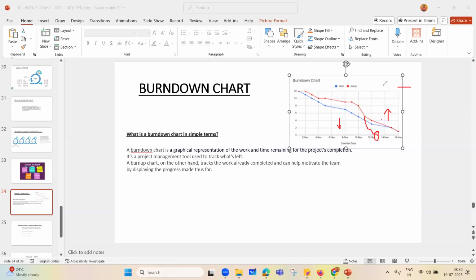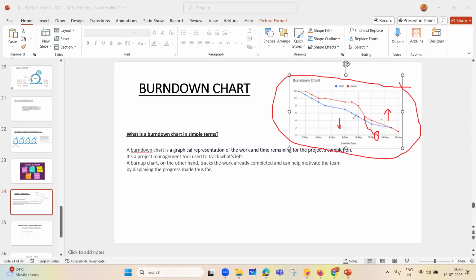So this is how, just looking at the burn down chart, you may answer the interviewer. When you go for a Scrum Master interview, the interviewer may present you the graph and ask, this is the burn down chart, are we ahead of time or behind schedule? Just by looking at it you can tell.